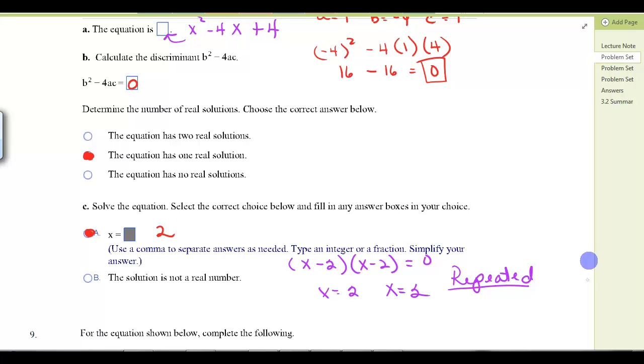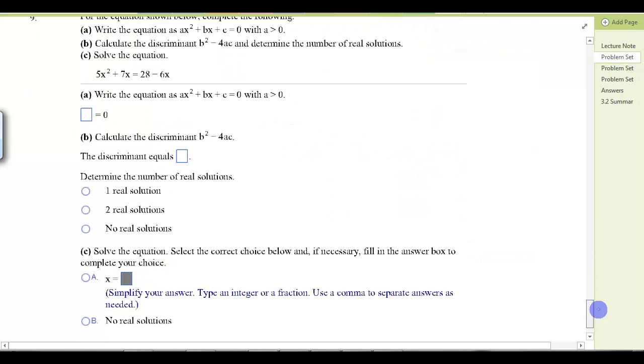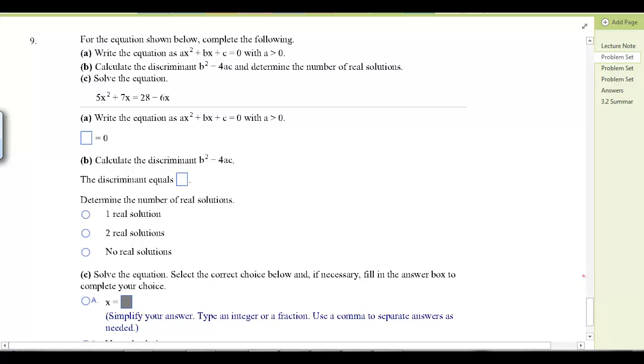All right, let's look at number 9. Same kind of question. Write the equation in that form. So we got to move some stuff over. So we've got 5x squared plus 7x plus 6x minus 28 equals 0.